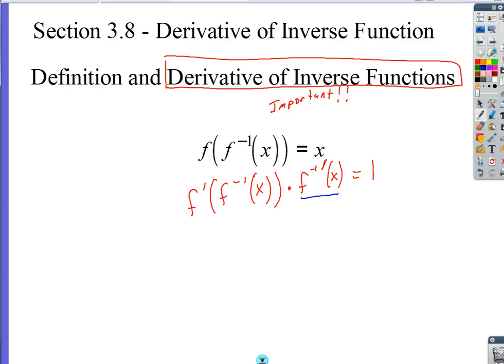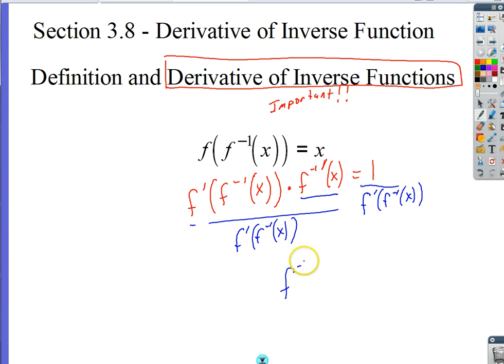Why don't we just divide both sides by f prime of f inverse of x? And when I do that, that cancels out, and what I'm left with is the derivative of f inverse of x is equal to 1 over f prime of f inverse of x.